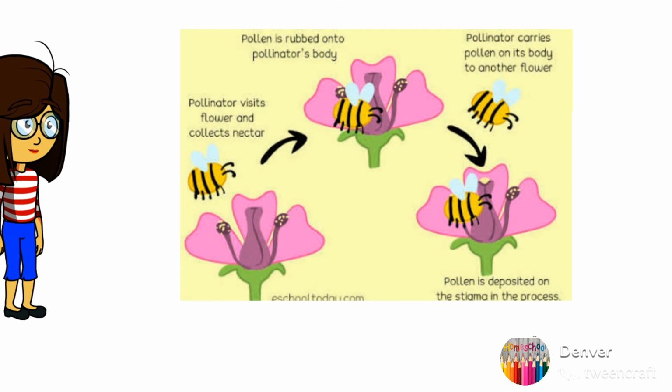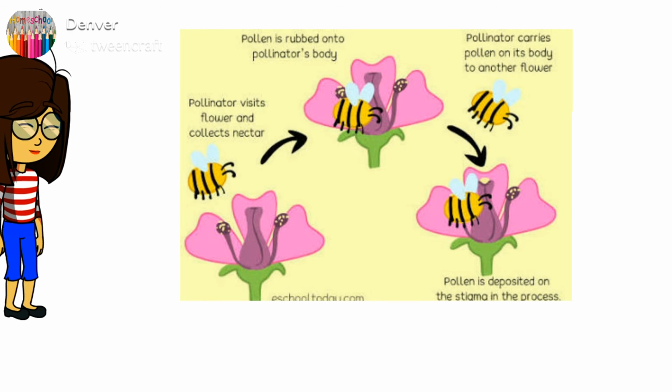To make a fruit, pollen from one flower is carried to another flower by wind, water or by small insects. Here is the picture where you will see that pollen grains are transferred from one flower to another by insects.